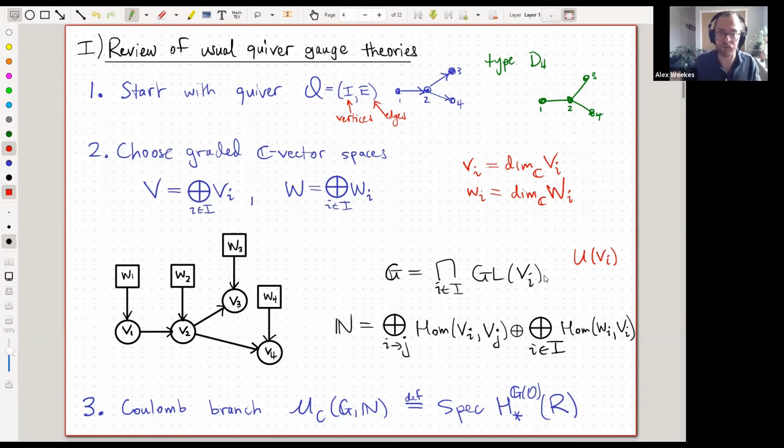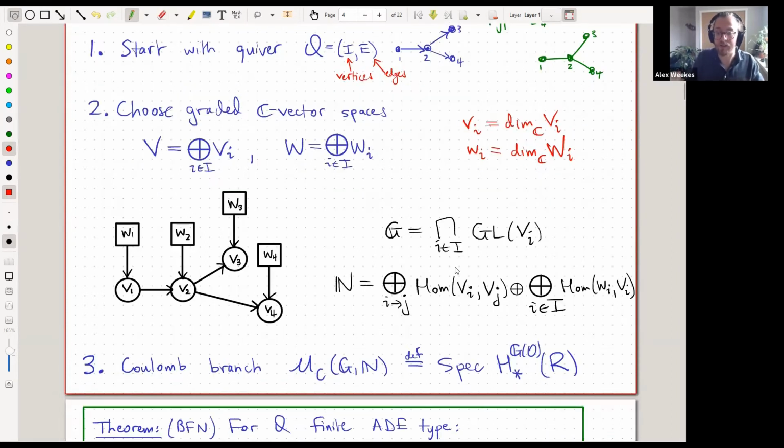But since I'm going to be using this BFN algebraic geometry approach, I want to use the reductive groups over the complex numbers. And the representation will be this big direct sum over all of the edges of the bifundamental matter between the two nodes. So we have all of these V's at the bottom. They have some sort of matrix between them, and then the same thing from the W's into the V's.